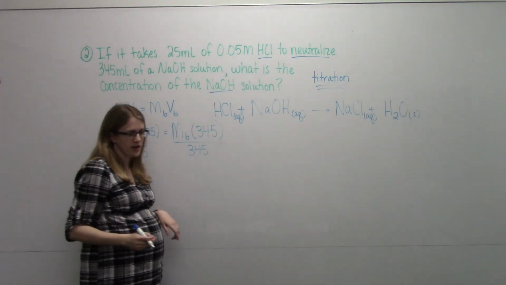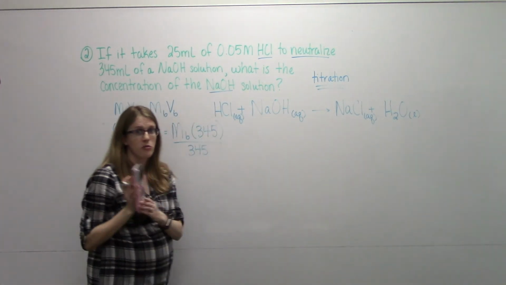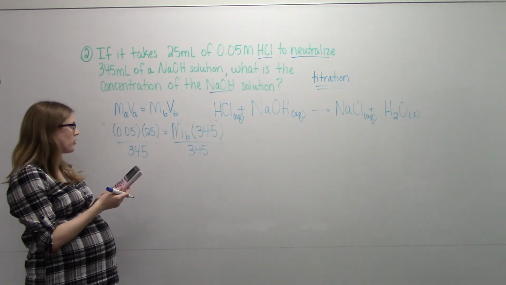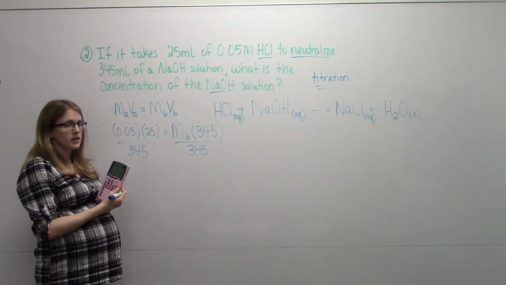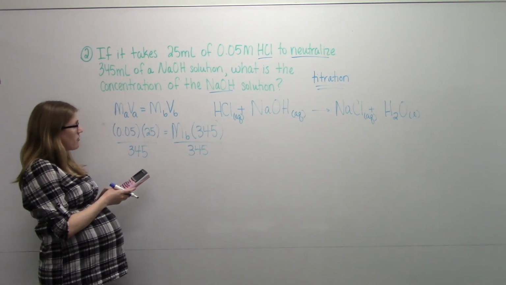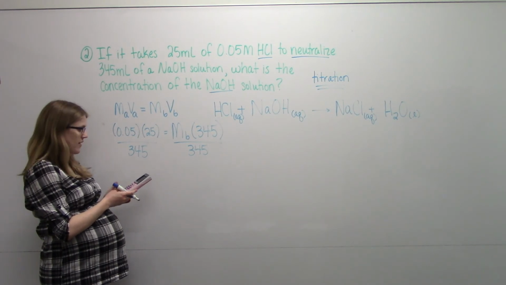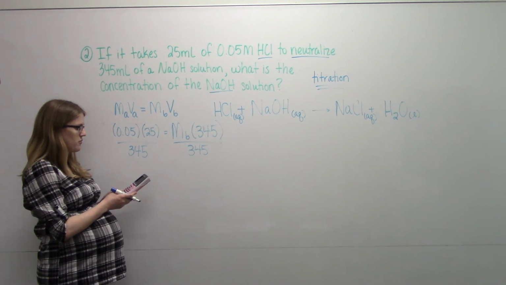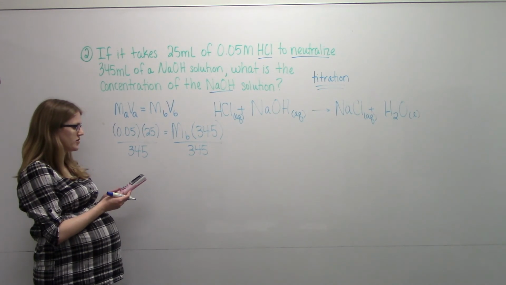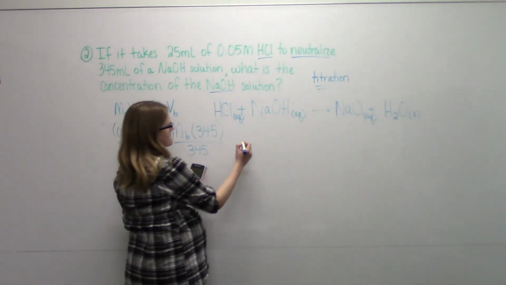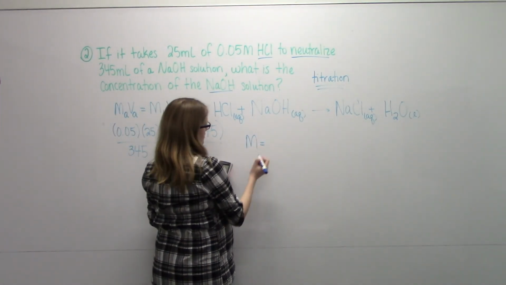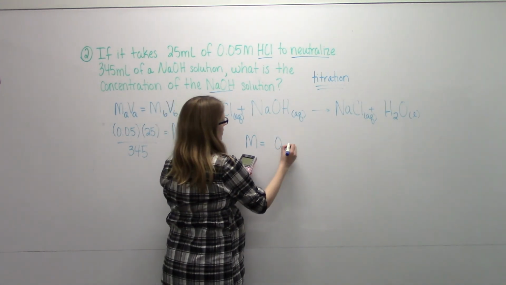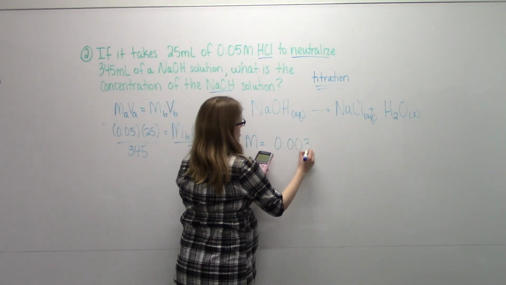So pull out your calculators. I'm going to plug this in and get an answer, but I want you to do it as well. It's going to be 0.05 times 25 divided by 345. So our molarity here is 0.0036.